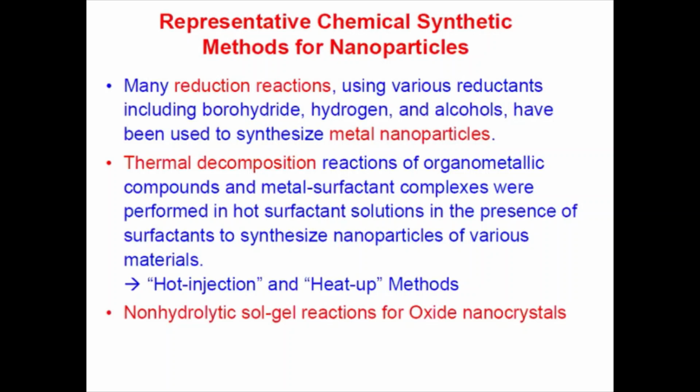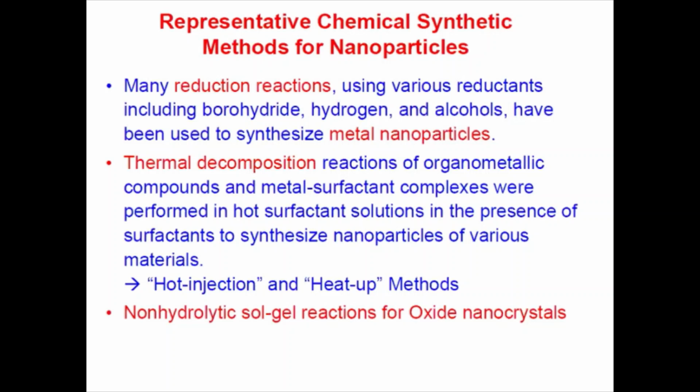All right. So this chemical route preparation methods of nanoparticles uses reduction reactions mainly by borohydrides or hydrogen, or using alcohols to synthesize metal nanoparticles. Then thermal decomposition of reactants, mainly metal surfactant complexes. This thermal decomposition is carried out by 2 different means.